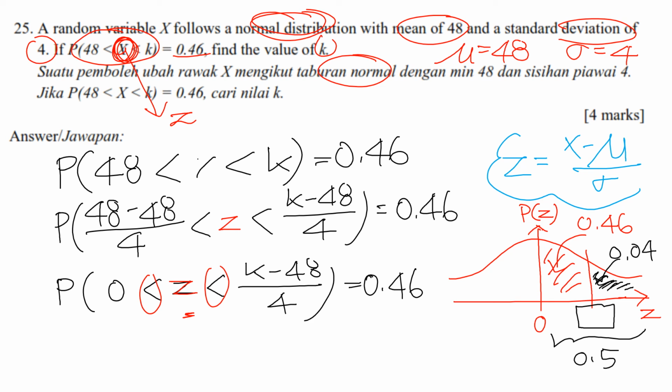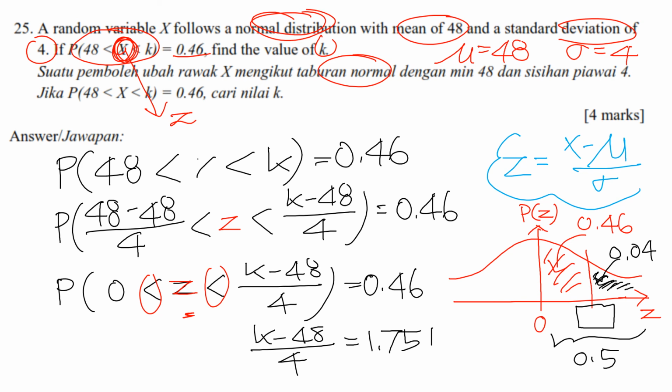So take away 1. So bila you take away 1, you baca dekat lajur, you will get (k − 48)/4 equals, baca dia dari situ, 1.751. Okay, itu dia.